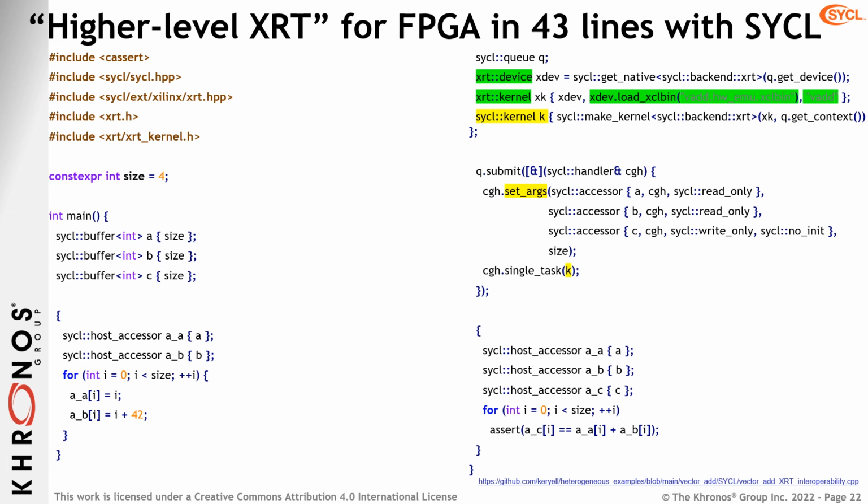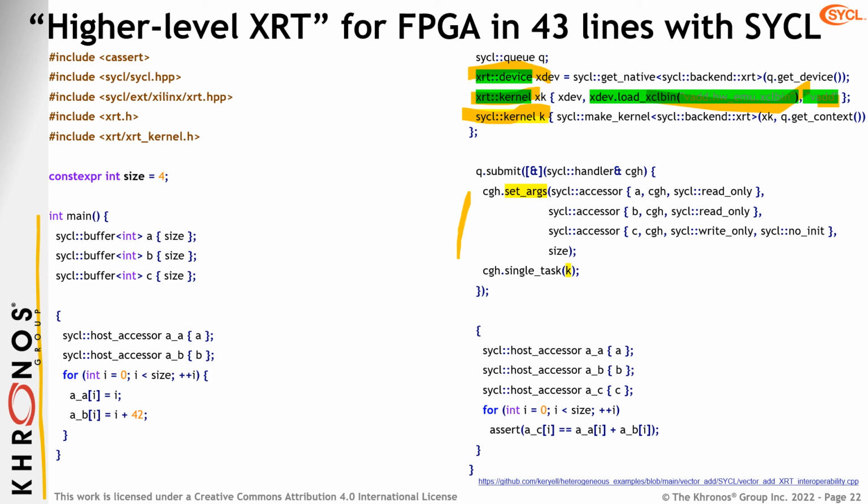So in a similar way to the OpenCL example we showed before, we can just initialize our SYCL buffers on the host, then we will get the XRT device behind our SYCL queue. We will load some already built FPGA bitstream, extract the vector add into the XRT kernel. From that, we will build back our SYCL kernel.